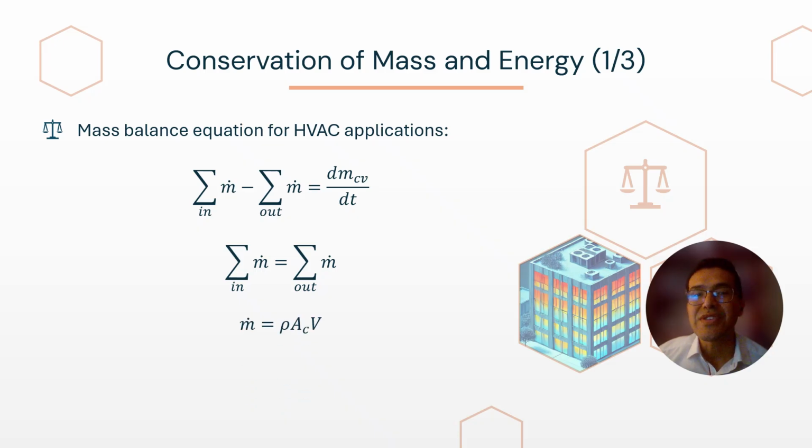The mass flow rate of a fluid in a duct or pipe is related to fluid density, ρ, flow area A, and fluid velocity V, as in this expression. The volume flow rate can be expressed as the product of flow area and velocity.